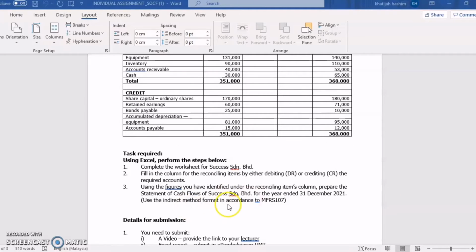And last, we need to prepare the statement of cash flow for Success Sdn Bhd for the year ended 31st December 2021. In the base question, we should use the indirect method format according to MFRS 107.